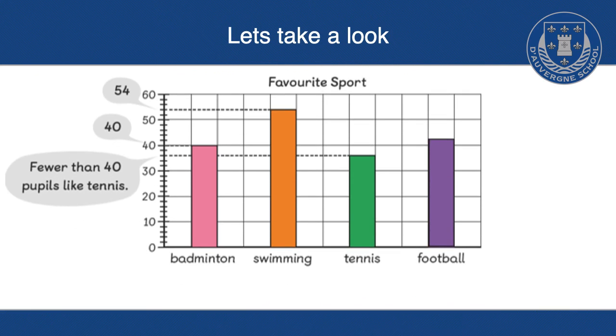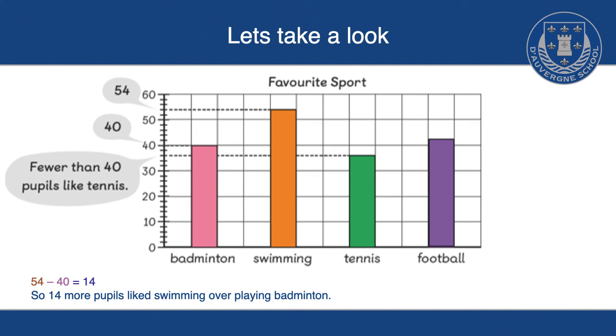Now, if we look at Amira's, Amira said one of her statements was 14 more pupils liked swimming than badminton. So we just need to look at badminton and swimming at the moment. We're finding that difference. We begin by putting swimming first, because when we find the difference, we take away, and we always start with the biggest number. So 54, take away 40, leaves us with 14.